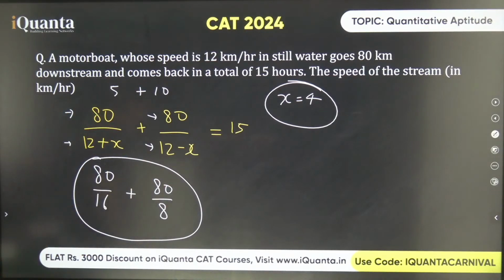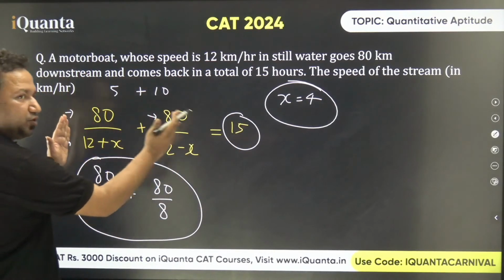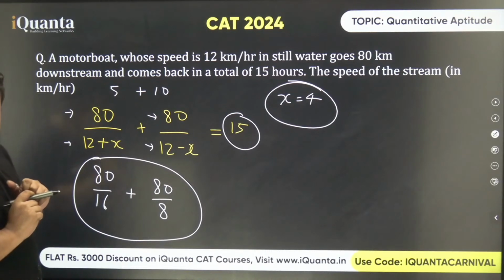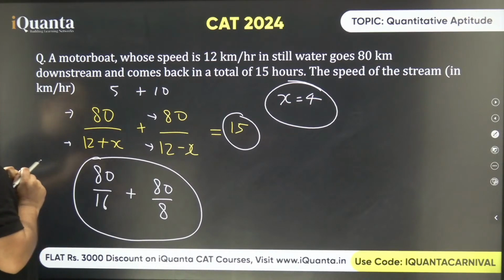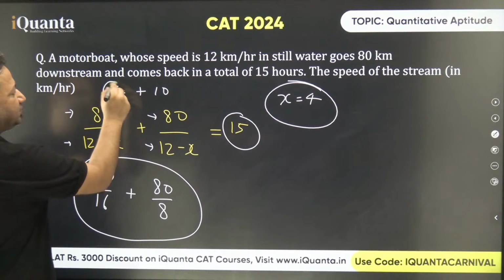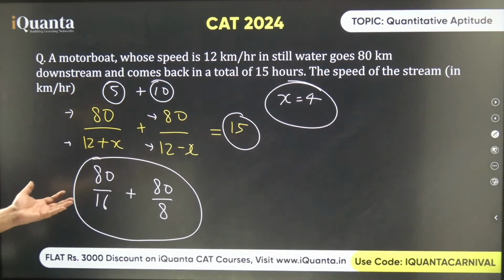Yeah, I'll explain that again. See, if 15 is in two pieces, then 1 plus 14 is a possibility. But at the very same time, there is one thing we are sure of: we need to choose two numbers which are factors of 80 and whose addition comes out to be 15.